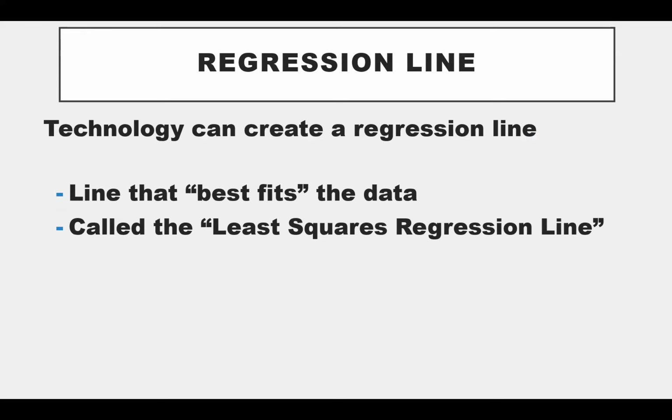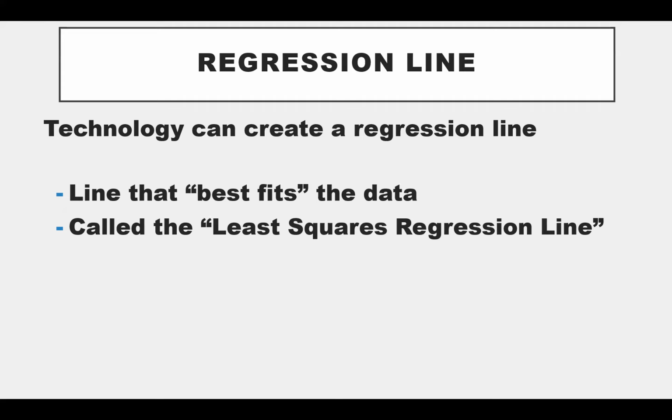Once we see that our data matches fairly closely with this linear pattern, then we can create a regression line that best fits the data. We use technology to do that the vast majority of times. There is a way you can do it by hand, but it takes more time.